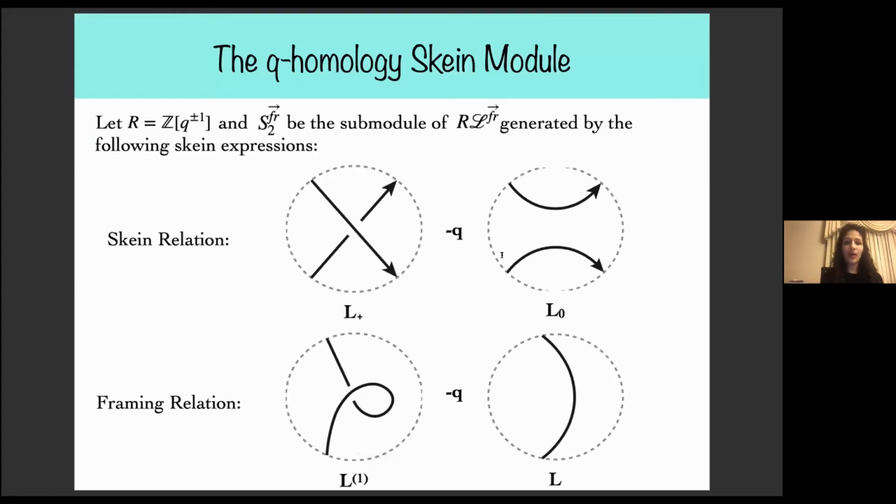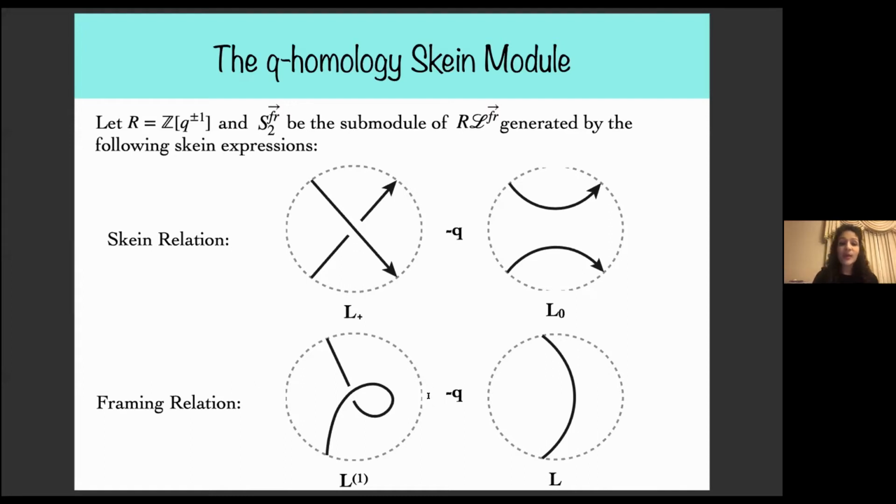Another such Skein module is the q-homology Skein module. This is also known as the q deformation of the first homology group. And we define it as follows. So we take oriented framed links and formal linear combinations over this ring of Laurent polynomials in the indeterminate Q. And then we take the submodule, which is generated by the Skein relation, L plus minus QL naught, and the framing relation, L1 minus QL.